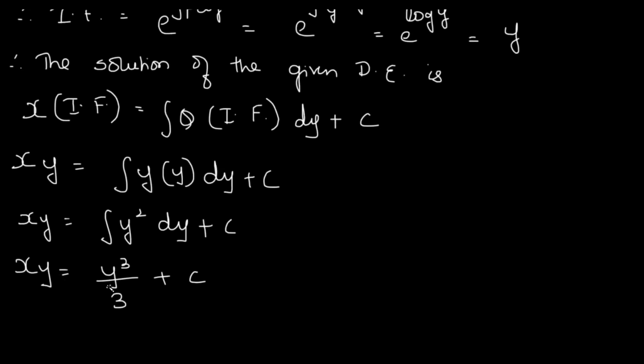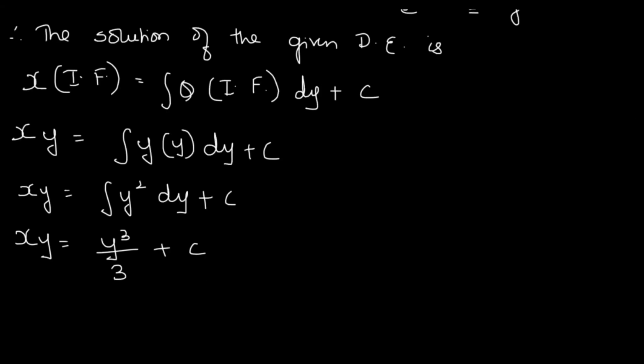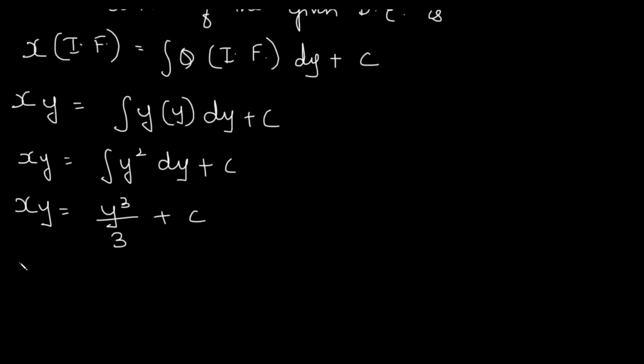Now to get it in the form that is given in the textbook, we cross multiply with 3 on both the sides. So we get 3xy is equal to y cube plus 3c.